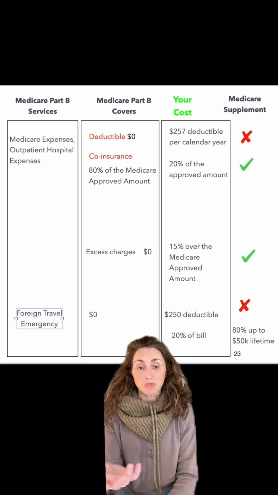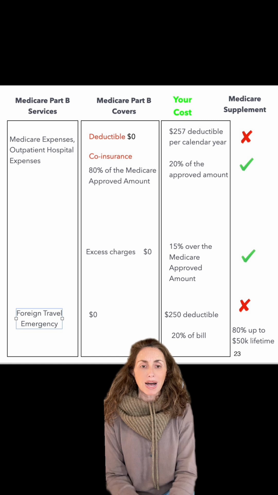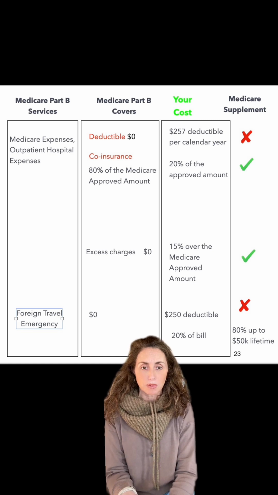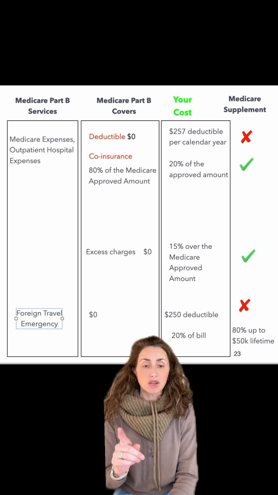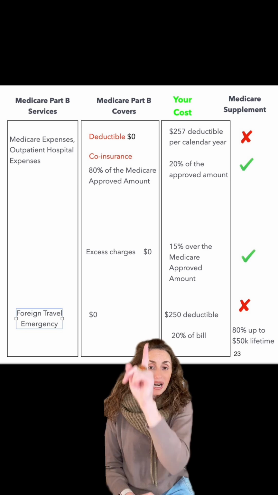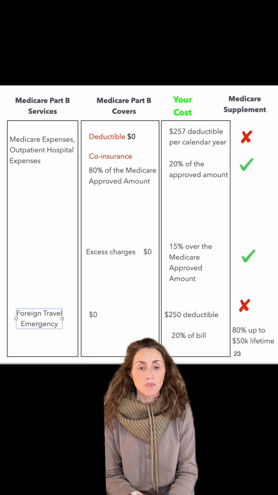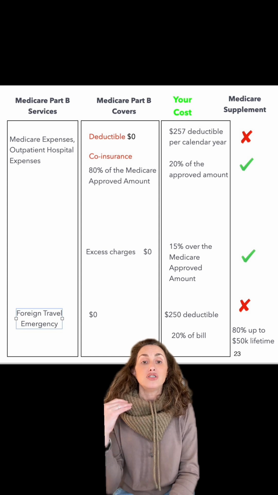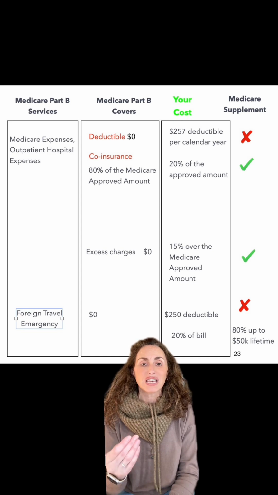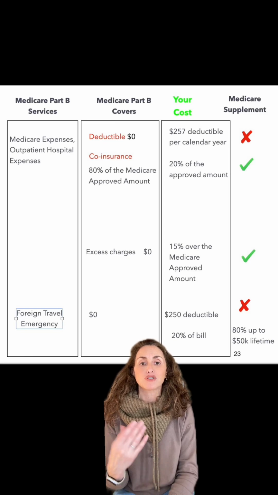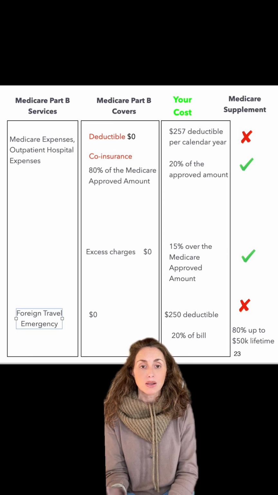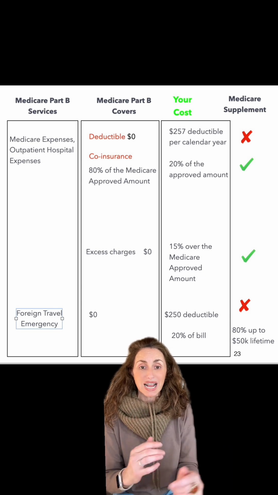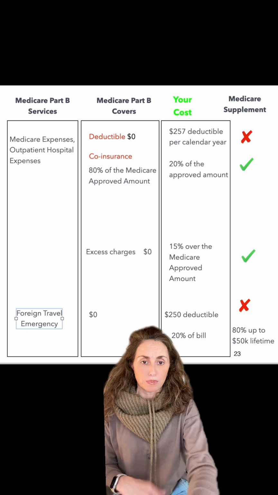You're at the hospital, you're going to pay your bill, but you can get some possible reimbursement from your Medicare Supplement Policy Plan G. If the emergency happens in the first 60 days of travel, you're going to have a $250 deductible that cannot be covered by the supplement, and then the supplement will pay up to $50,000 lifetime of that bill, and you will pay for 20% of that bill. So there is that kind of coverage, but again, you go in for reimbursement.